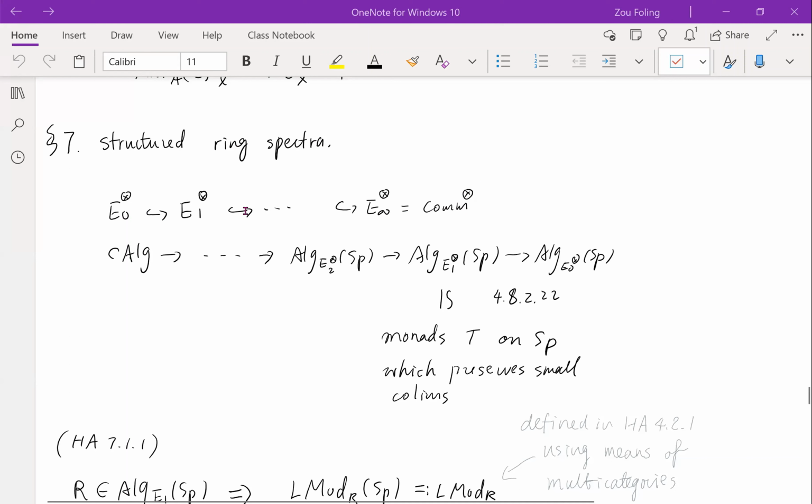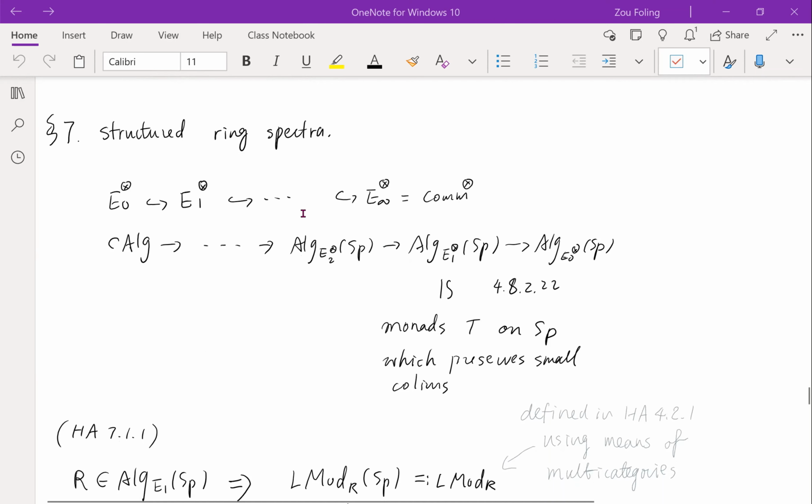If you think about little disks, what this map is doing is if you have embedding of n disks into n disk, then you can think about embeddings of n+1 disks into n+1 disk aligning on the equator. So in the last coordinate, you just always map to 0, then you will get a map of operads. And in terms of algebras, this is saying that algebras of this operad forget to algebras of the previous operad up until algebras over E0 tensor.